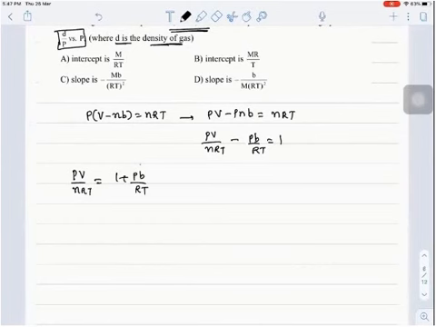Here, we need to bring in the density. Density we can write as d = PM/RT.